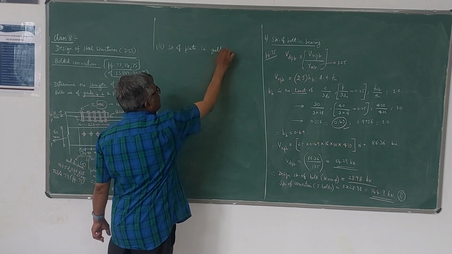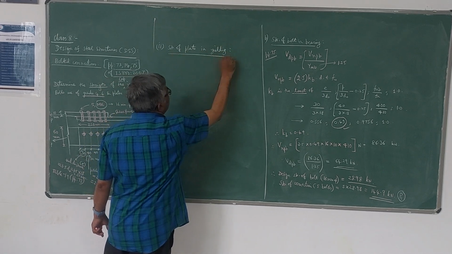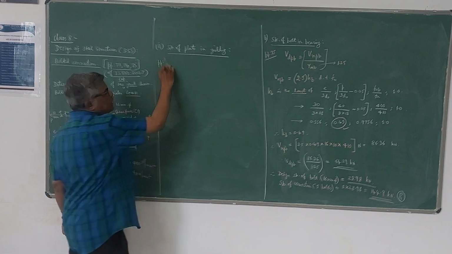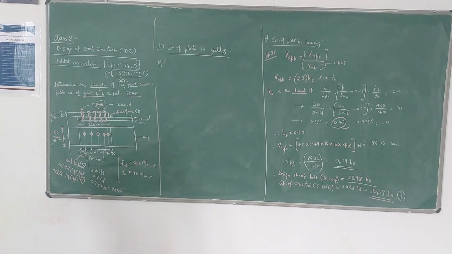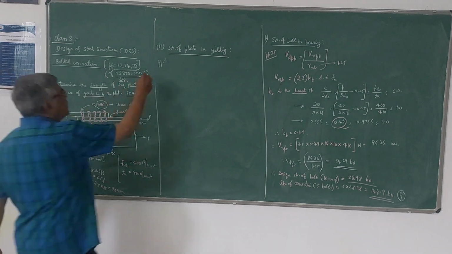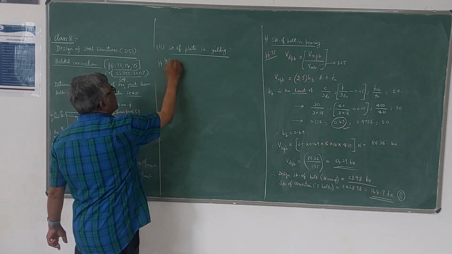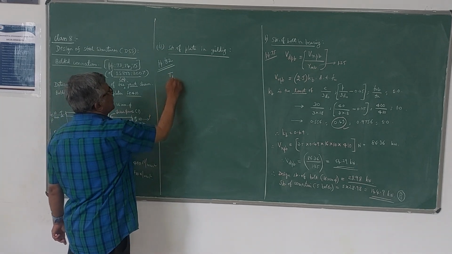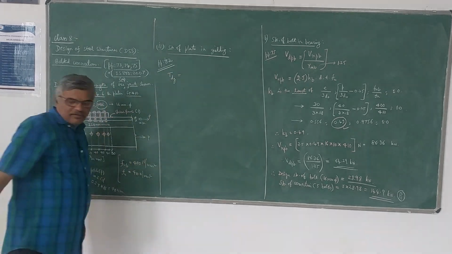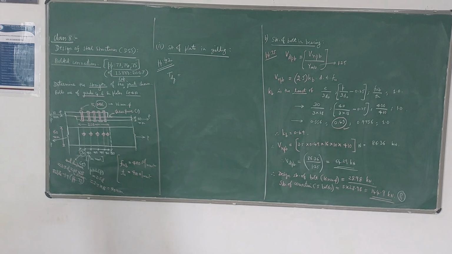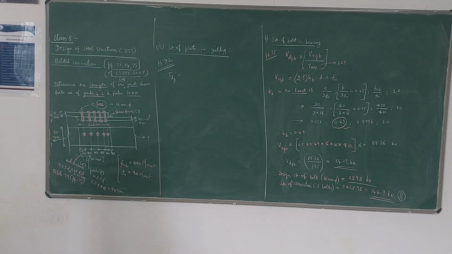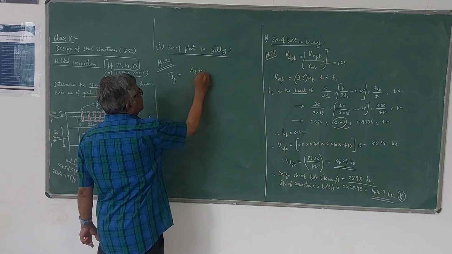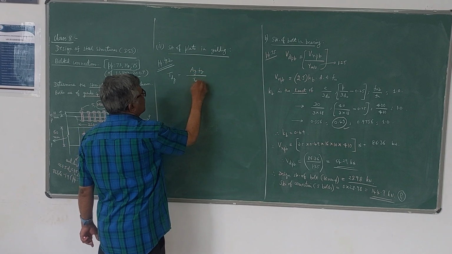This is computed using the formula given on page number 32, in the design of tension members. We are going to use the formula Tdg is equal to Ag Fy by gamma m0. You can refer to the code for Ag Fy by gamma m0.